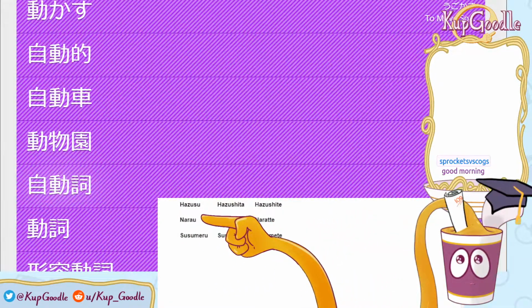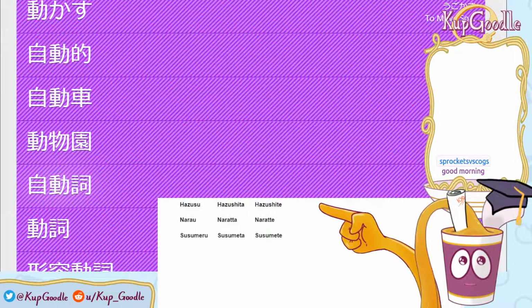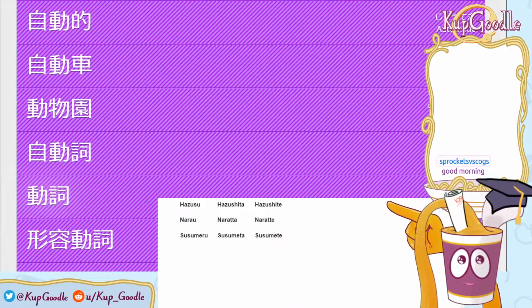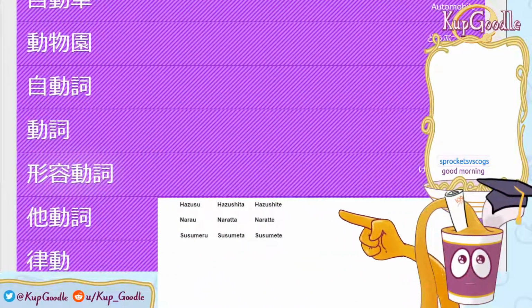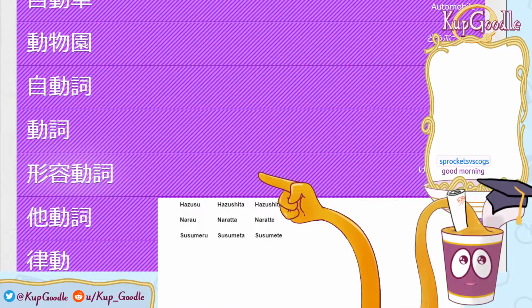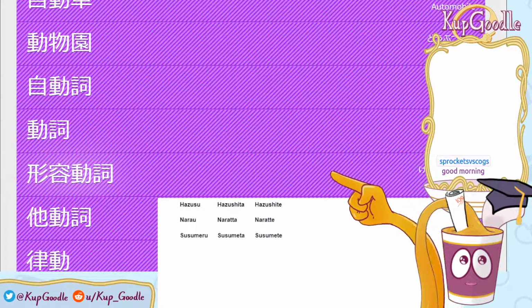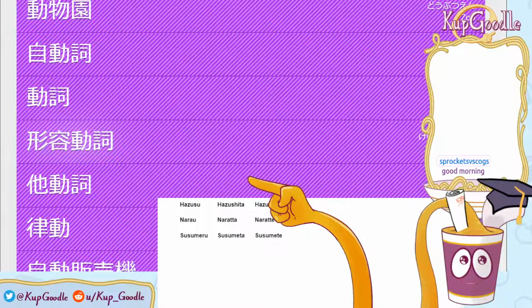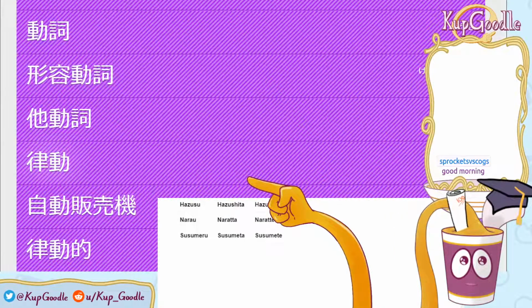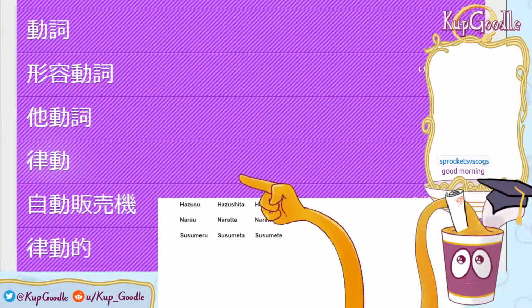Intransitive verb, jido something. Verb, doshi. There's all this new kanji. Sounds like it's like word, grammar particle. Rhythm, ritsudo.